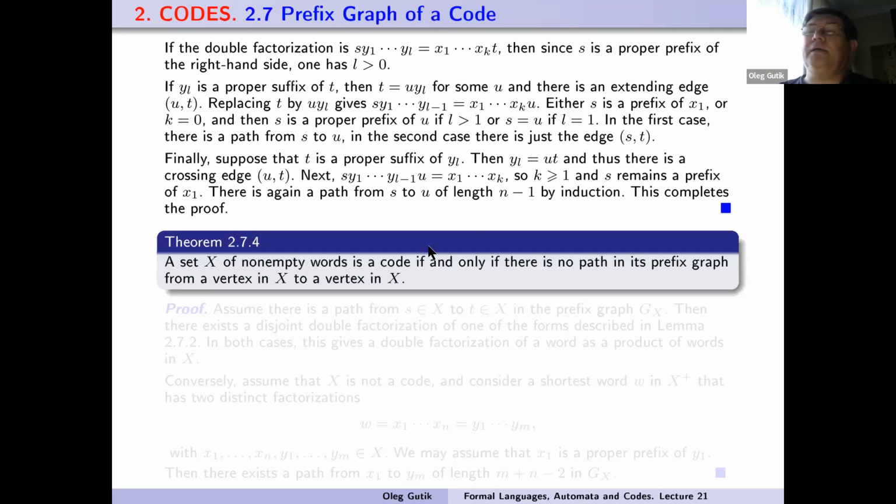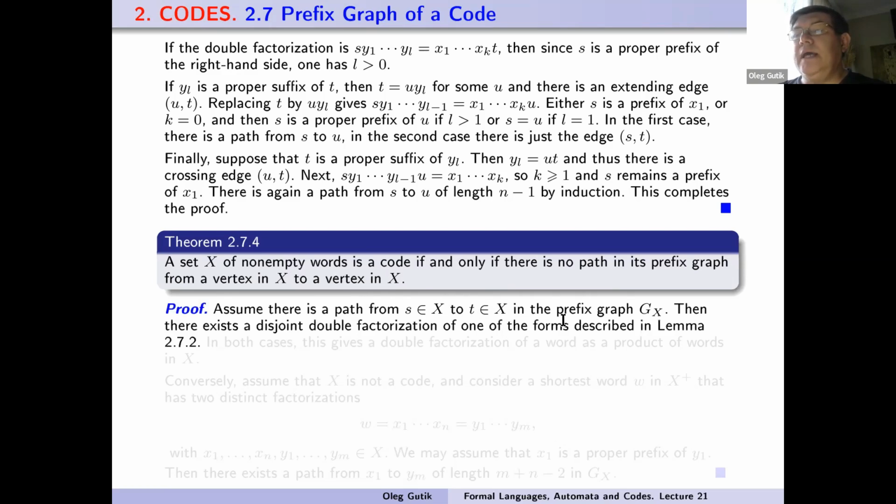We have the following theorem 2.7.4. A set X of non-empty words is a code if and only if there exists no path in its prefix graph from a vertex in X to a vertex in X. The proof. Assume that there exists a path from the word s in X to the word t in X in the prefix graph G(X).